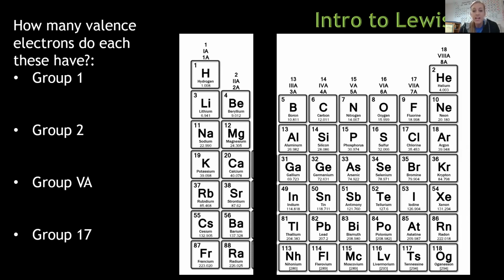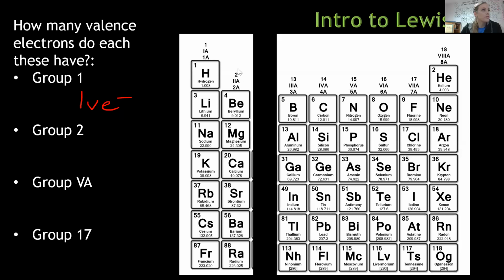Awesome. So Genevieve, group 1 has how many valence electrons? 1. 1 valence electron. Beautiful. And then next person, group 2. Charles, how many valence electrons does it have? 4.